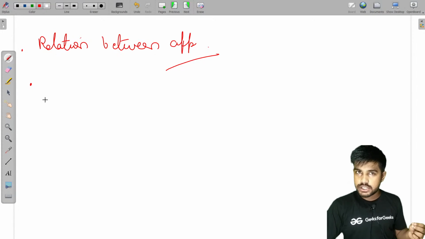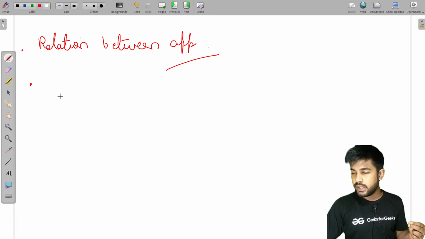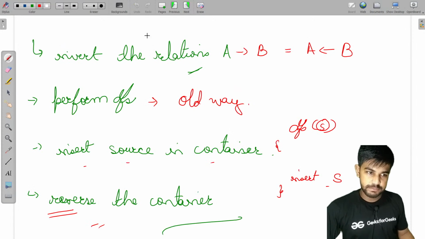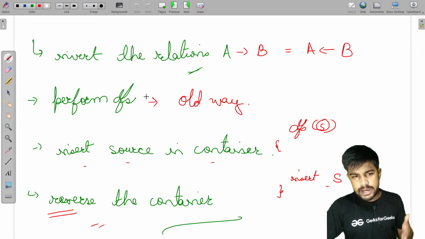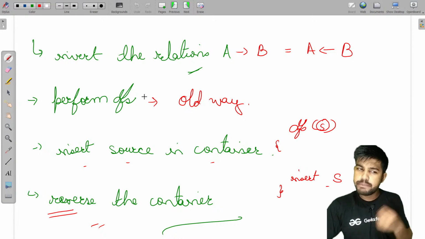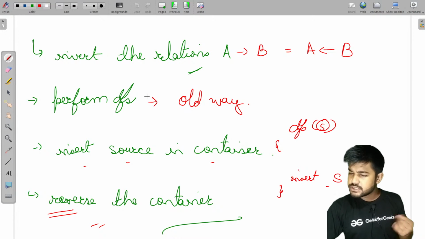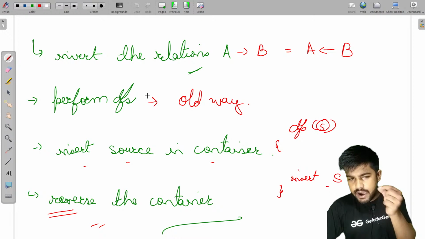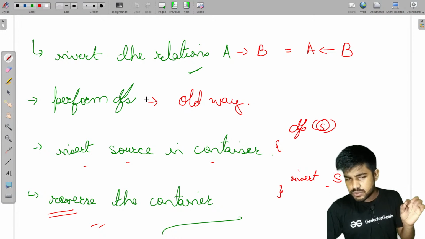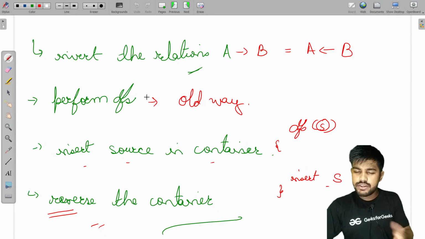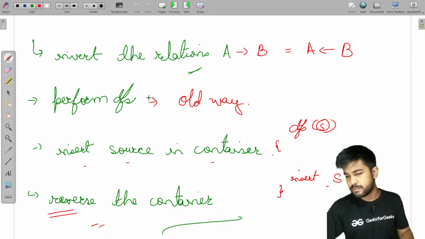What is the thing that is available in graphs? It is topological sort. How is topological sort performed? Very easy. Just invert the relation. If you have a path from A to B, just make it B to A, then perform the DFS the same old way. And just after the DFS, insert one line, that is, insert the source into your answer, and then reverse the result. It would be good to go.